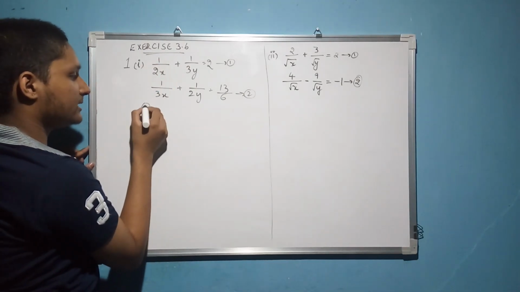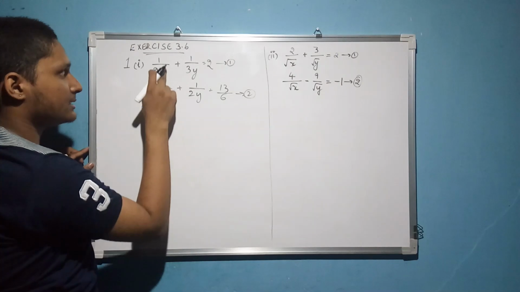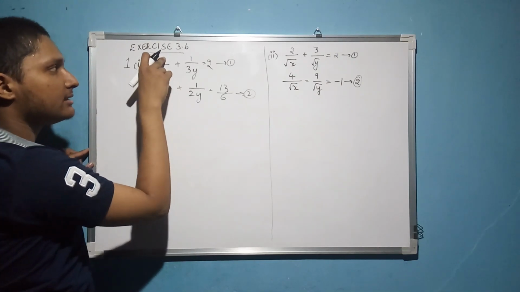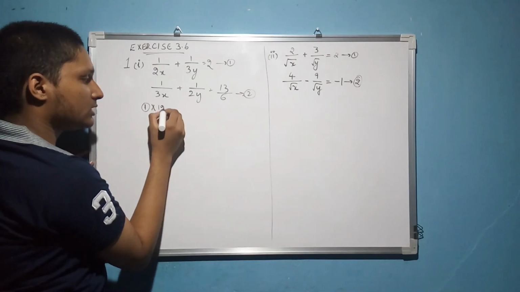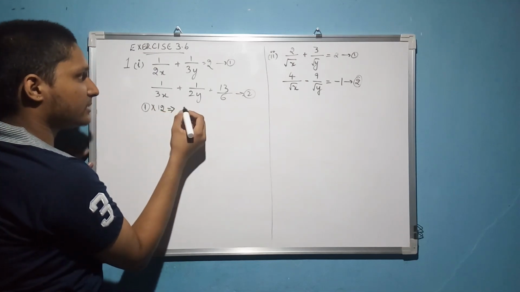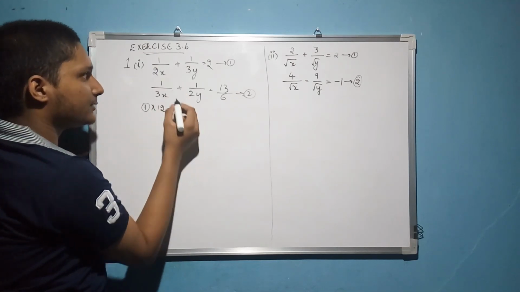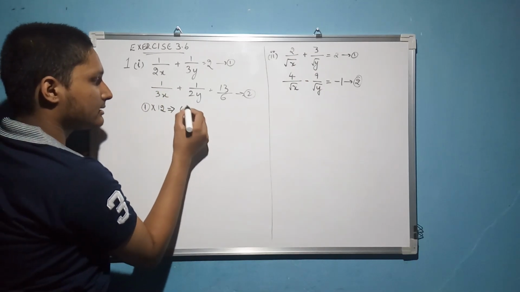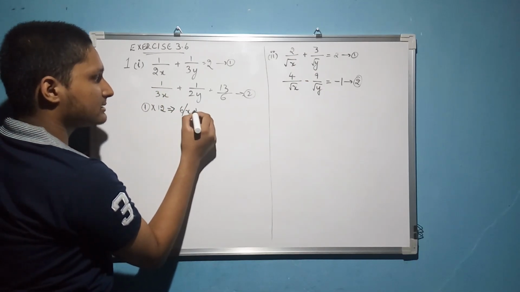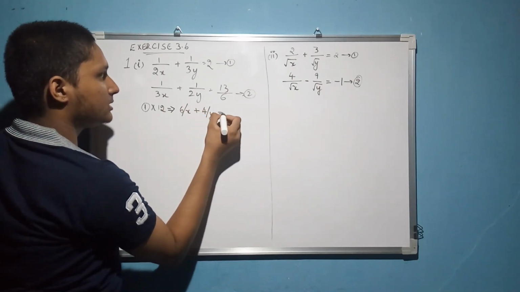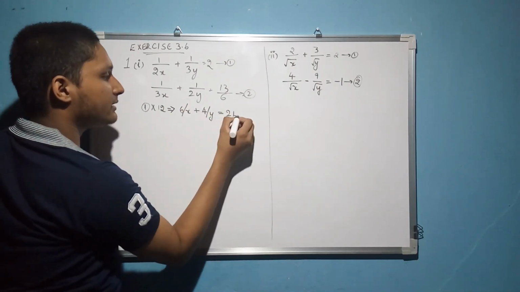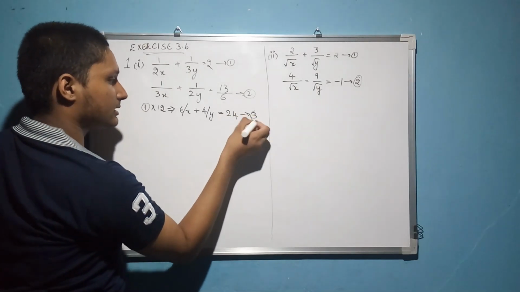Okay, so I'll multiply the first equation. When you are getting 3 here, I'll multiply this by 2 into 6, that is 12. If I multiply that by 12, I'll get 6 by x plus 4 by y is equal to 2 into 12 is 24. That is the third equation.